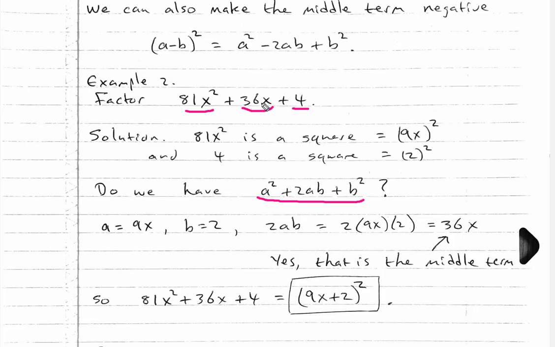If the middle was 35x, then this would not factor as a perfect square. Everything has to match. But this is the right middle term, so this thing does factor as 9x plus 2 quantity squared, and you can check by FOILing.